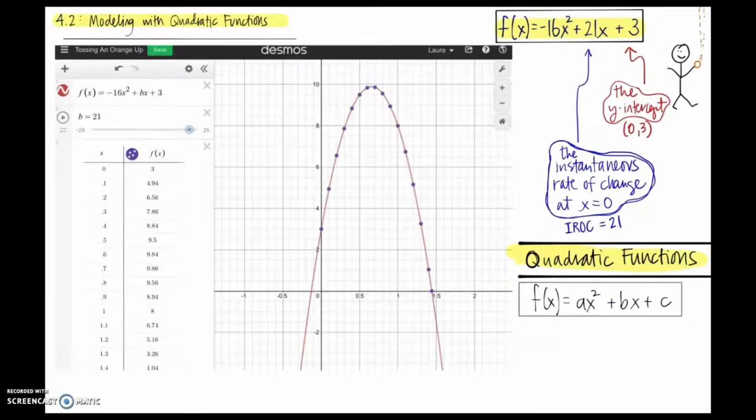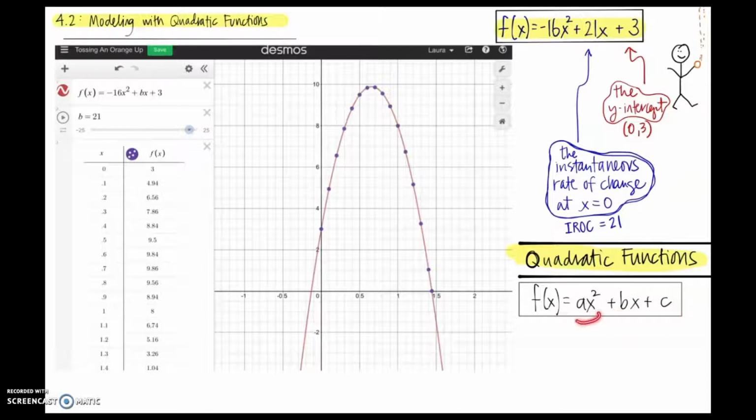So a quadratic function in standard form looks like this. You have f of x equals ax squared plus bx plus c, and the important thing is you have this x squared term. So a, b, and c are just going to be some real numbers. But a quadratic function has an x squared term. And remember, linear functions, really all we had was this part of this function.